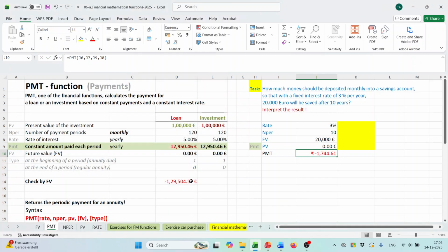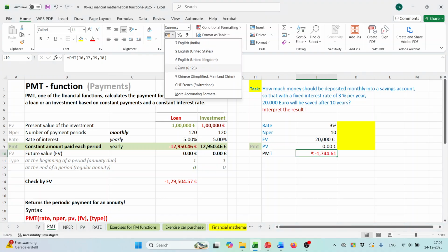I don't know why it is in rupee. I have to convert it into euro from here.